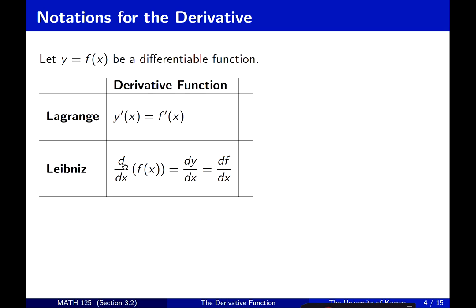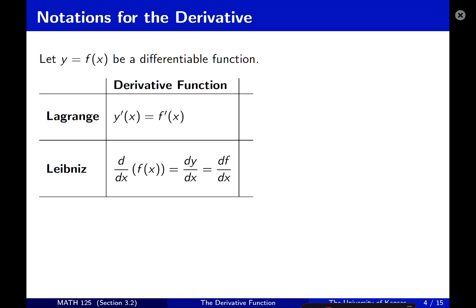So what is the Leibniz notation? You want to specify what the input variable is that you're taking the derivative of. So you write d over dx of f of x. That means derivative of f of x with respect to x.